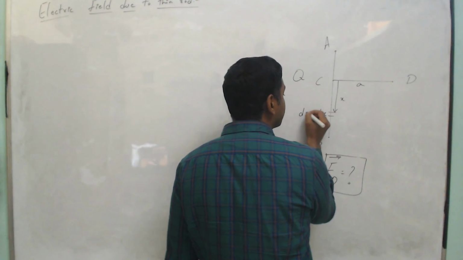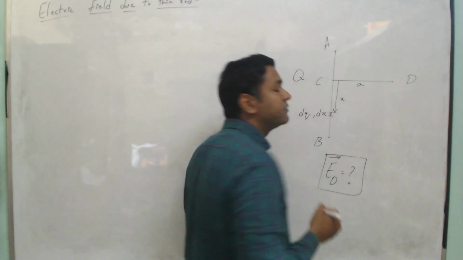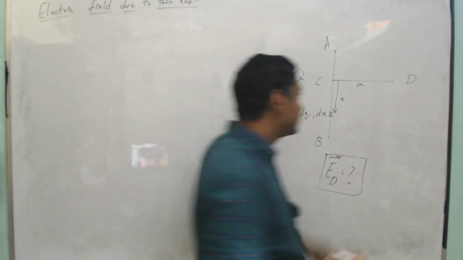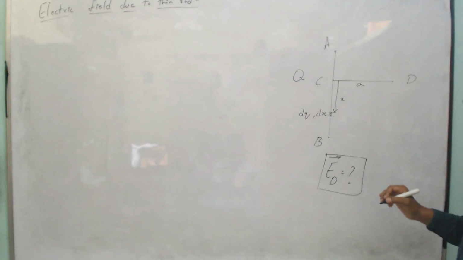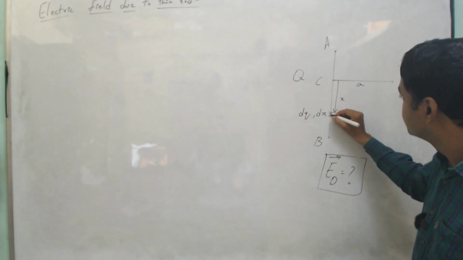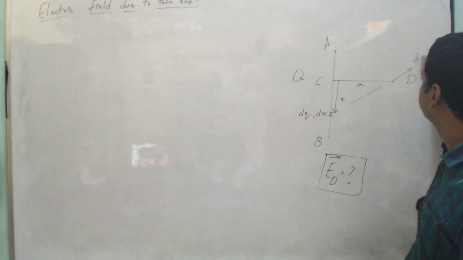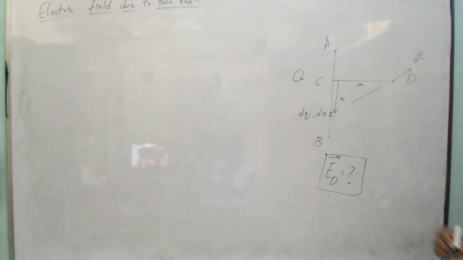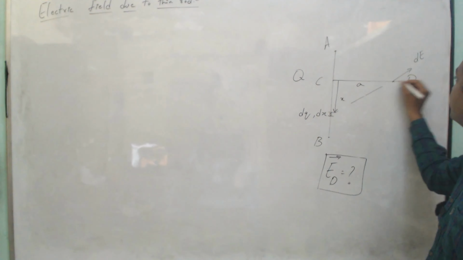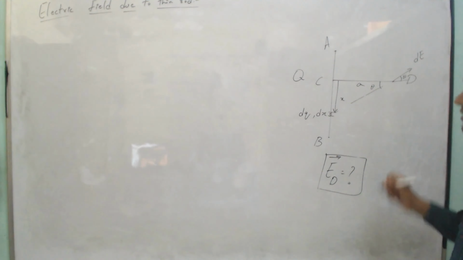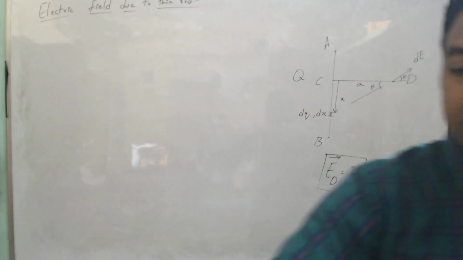The charge on this particular element, let us say, is dq. Lambda is equal to dq by dx. And due to this dq charge, let us say the electric field at point D is dE, right? And if this angle is theta, then this angle is also theta, correct?